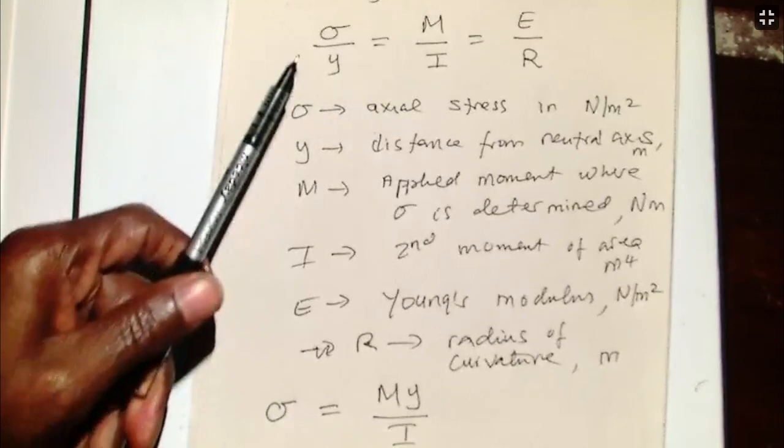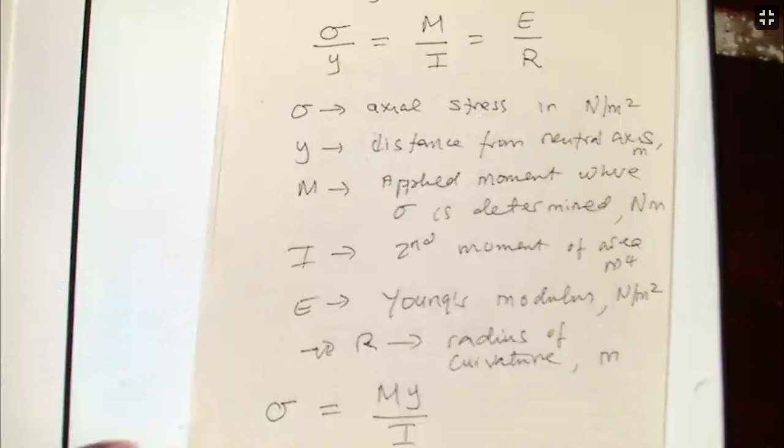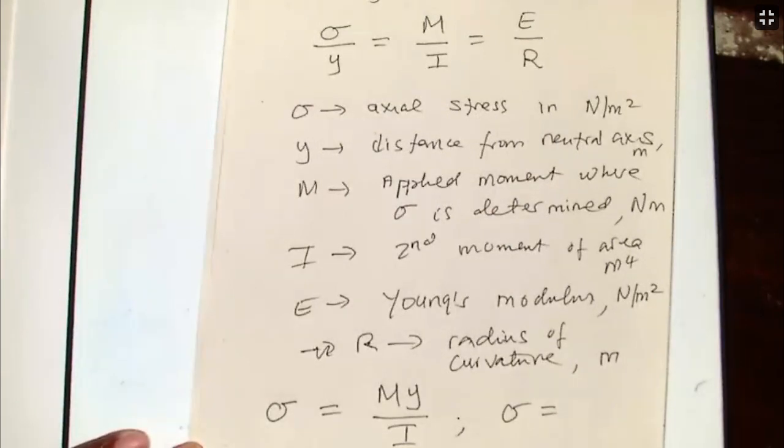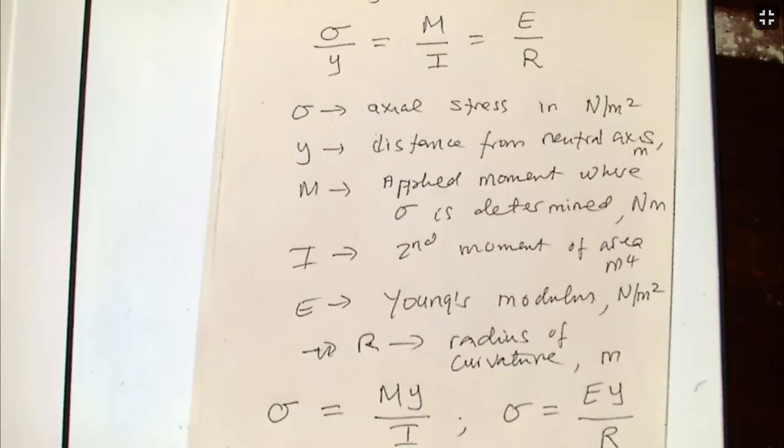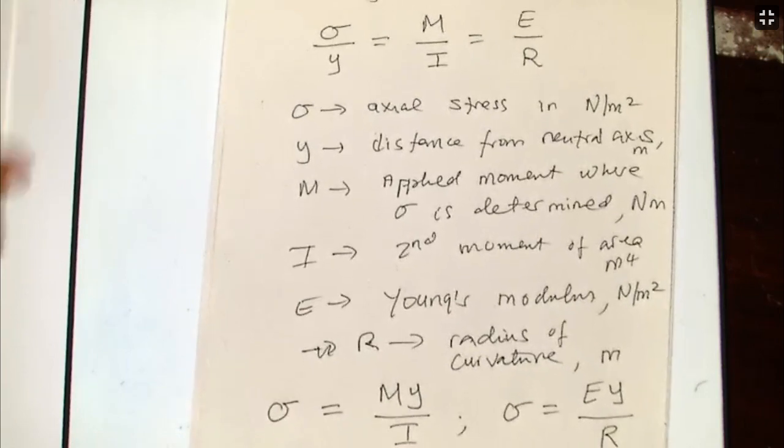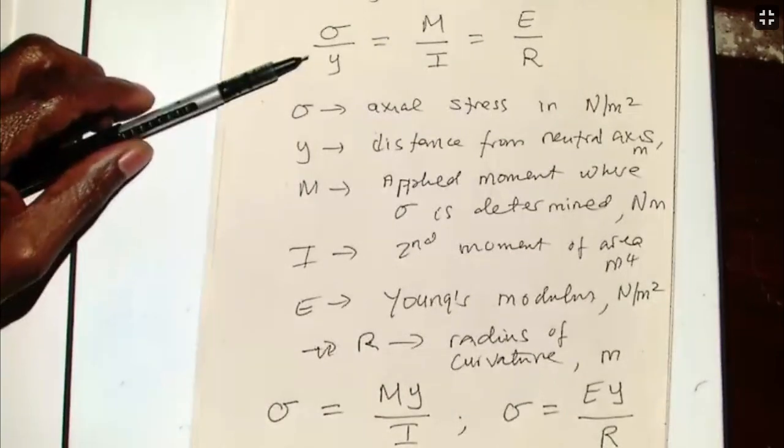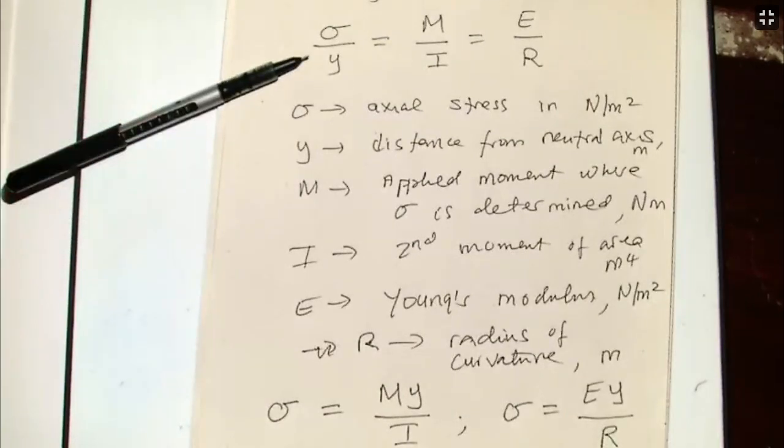If I use the first and the last one, I can also say that stress is the modulus times the distance from the neutral axis over R. We've shown how to derive that, based on the assumption that the material is linear elastic, homogeneous, plane sections remain plane, and that the actual deformation is very, very small.